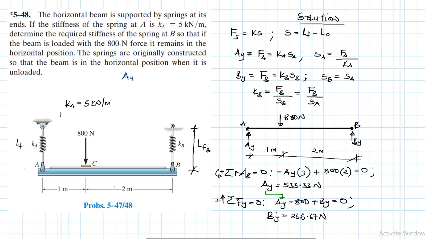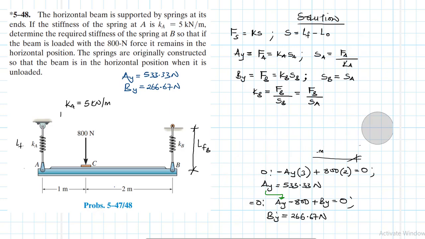I've got AY equal to 533.33 newtons. I have BY, which is equal to 266.67 newtons. Let me wrap this so that I have some space.